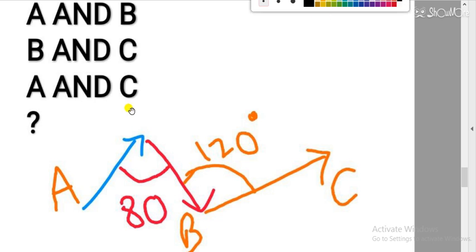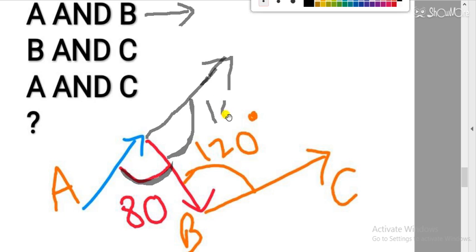So students, we have to find the angle between A and B. I will move A here, parallel shifting of A I will do. This angle was 80, so this angle will be 100.